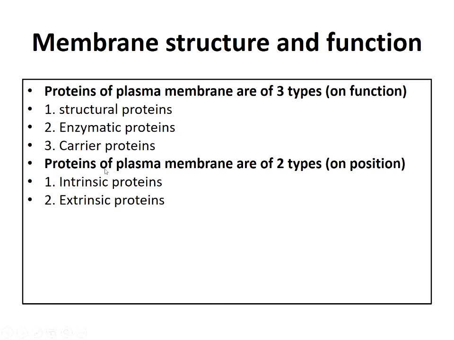Proteins of the plasma membrane are also classified into 2 types based on position. First are the intrinsic proteins. These are closely associated with the plasma membrane and are always present inside the membrane. Second are the extrinsic proteins.